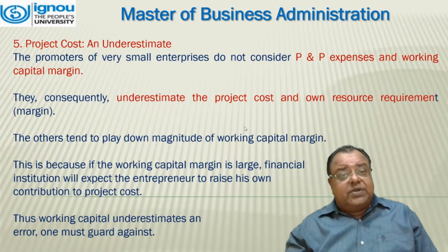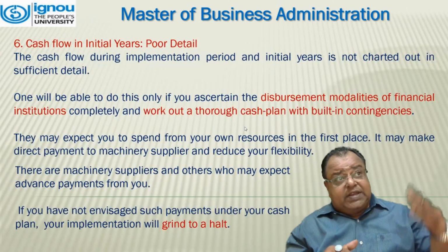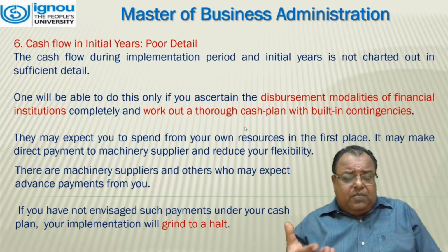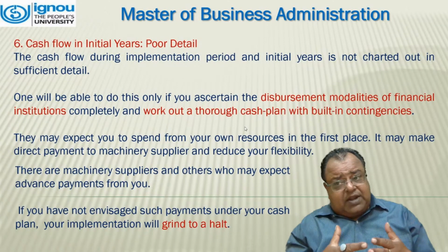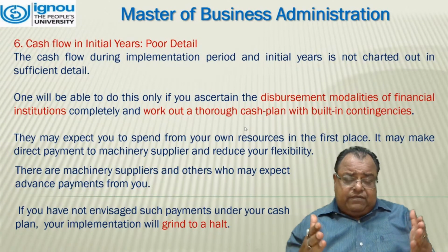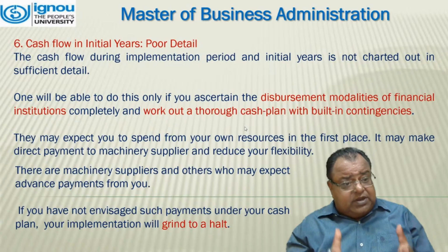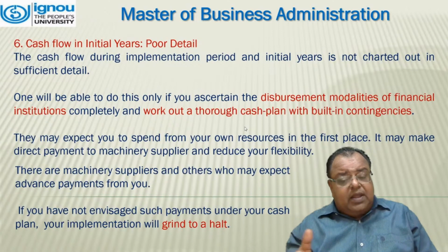One must guard against it. Sixth one is cash flow in initial years, with poor details. The cash flow during the implementation period and initial years is not charted out in sufficient detail. One will be able to do this only if one ascertains the disbursement modalities of financial institutions completely and works out a thorough cash plan with built-in contingencies.